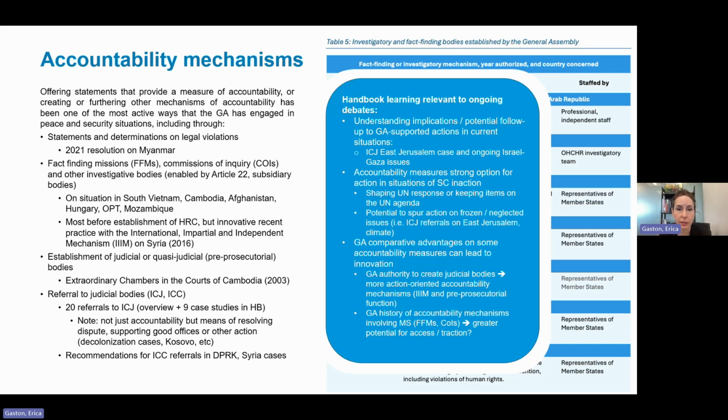It's also, some of the examples show ways that accountability measures can be a strong option for action, for keeping an item on the agenda or facilitating other action, particularly in cases of Security Council deadlock or inaction. And so we can see that in some of the ICJ referrals, with the cases related to Palestine, but also the recent ICJ referral on climate change.